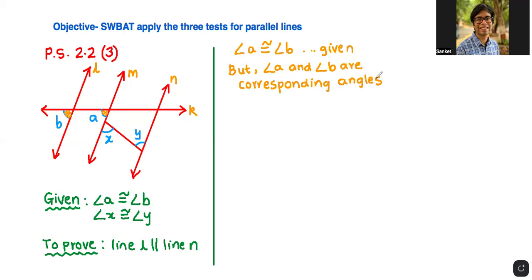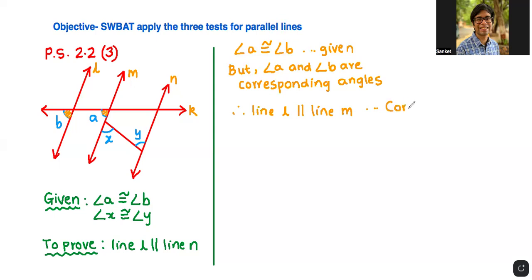And we learned that if corresponding angles are congruent, then we can say that the lines are parallel. So they have already given us that these angles are congruent, and we also know that they are corresponding angles. That means line L must be parallel to line M. Therefore, line L is parallel to line M. And here I'm using the test for parallel line.